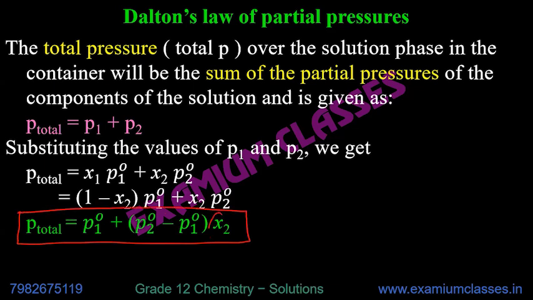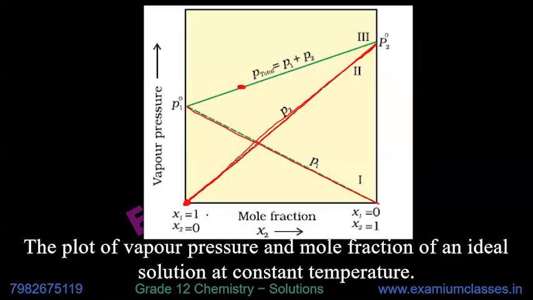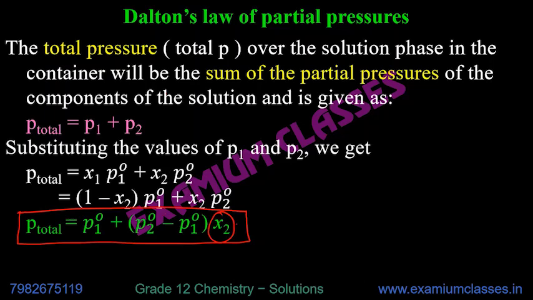When x2 is 0, it will give you P1 naught. When x2 is 0, P total will be P1 naught, because there is no P2.